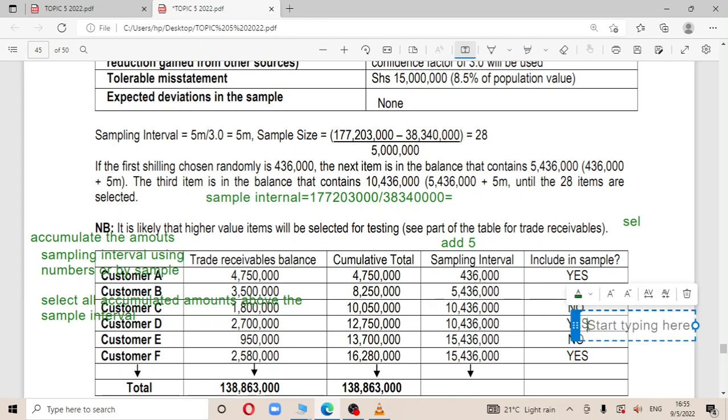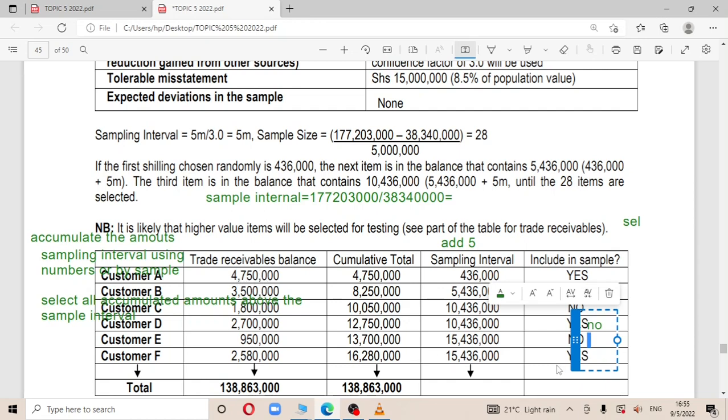The 16 is below, we also don't select, like that. So we can decide to select only those which are above. Even when you come to the amounts, you find that these two are the ones with the biggest amounts. So you see how we shall have selected the correct sample. These two are the ones with the correct amounts, and they are the ones we have selected.